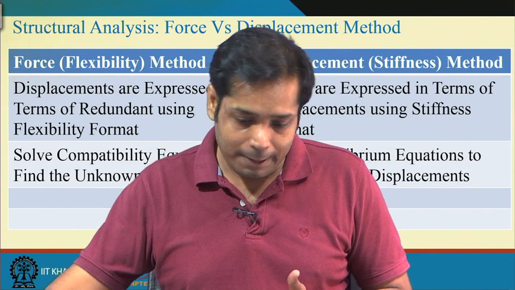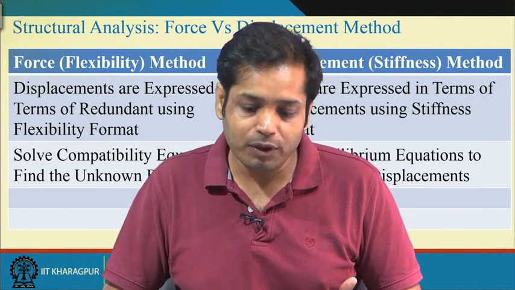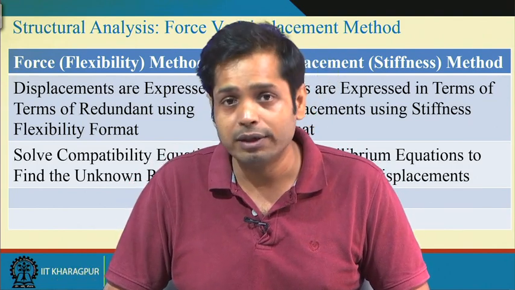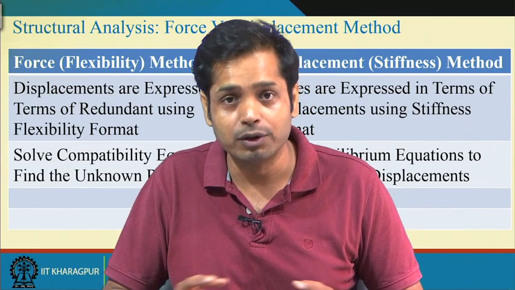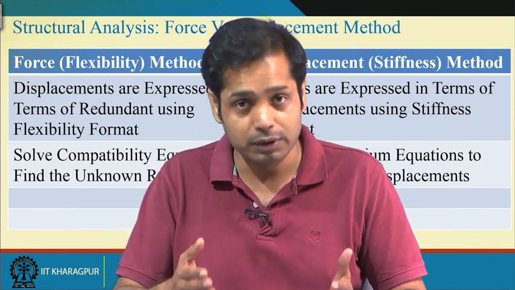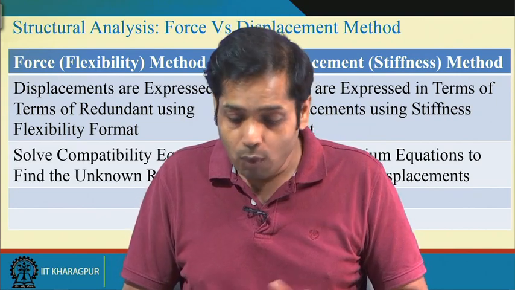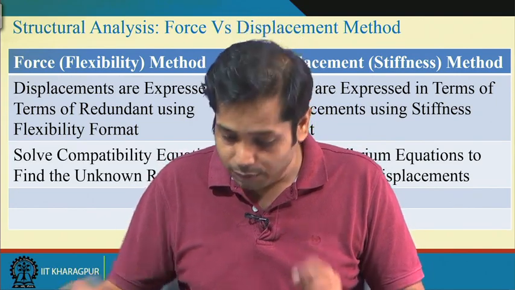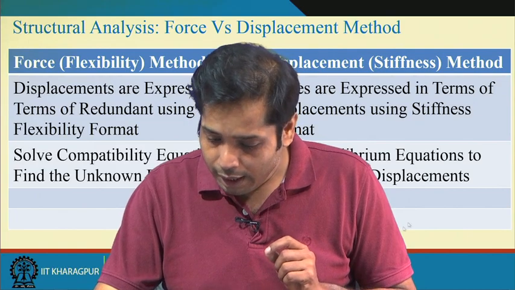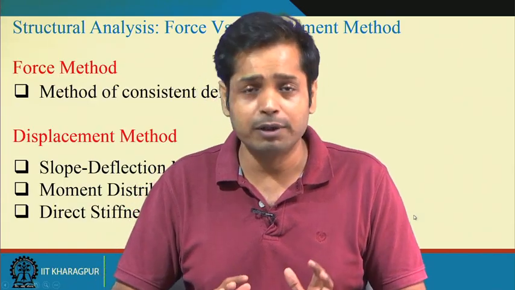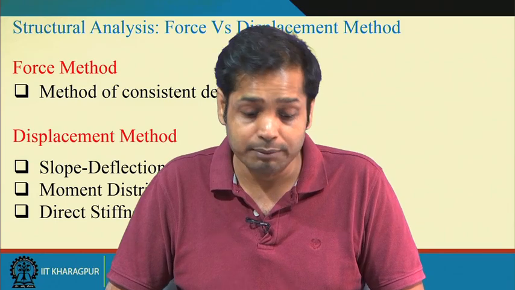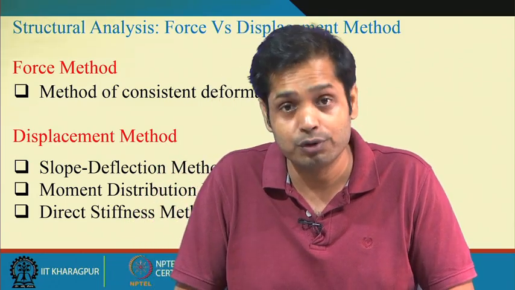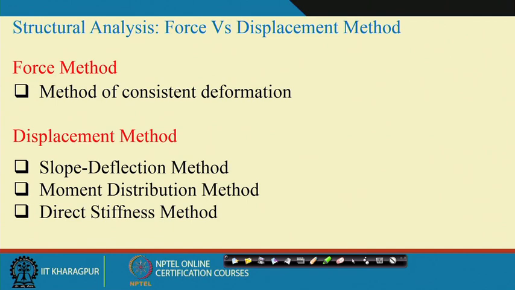So you can recall the steps that you followed in force and displacement methods and try to find the relation between the differences that we just discussed. The force-based method you might have studied in Structural Analysis 1: the method of consistent deformation is a force-based method. The slope deflection method and moment distribution method are displacement-based methods.